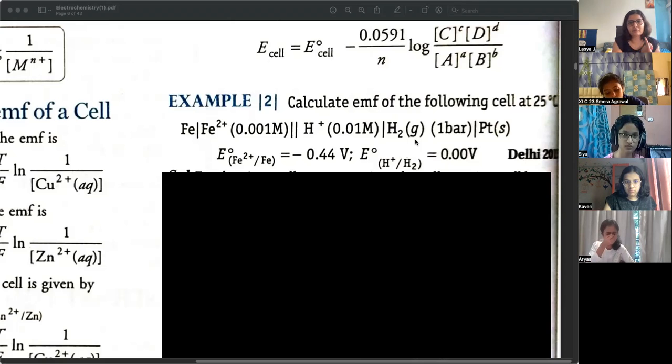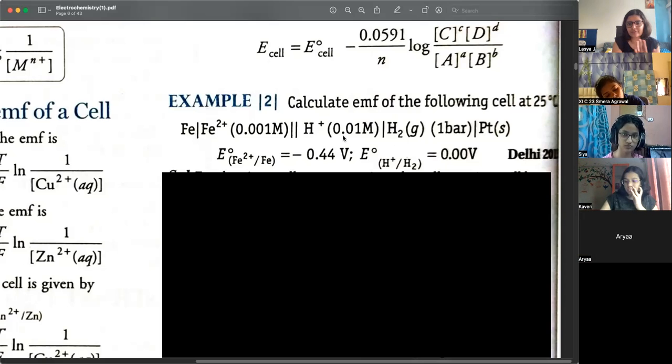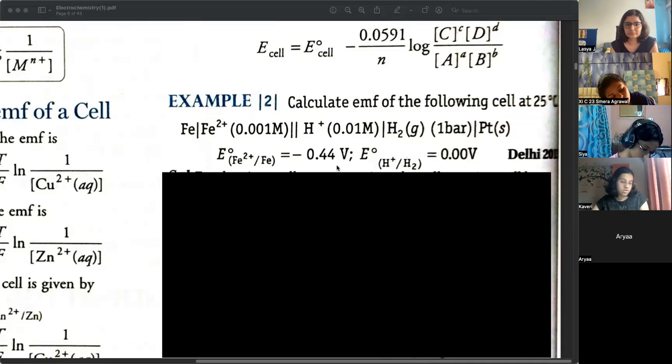In the standard case, you're taking 1 molar concentration for hydrogen, that's the standard. In this case, you're given the concentration of hydrogen, right? So you will consider that. Do we have to use the Nernst equation in this? Yes. There's no other way you can do it. You'll have to use Nernst.